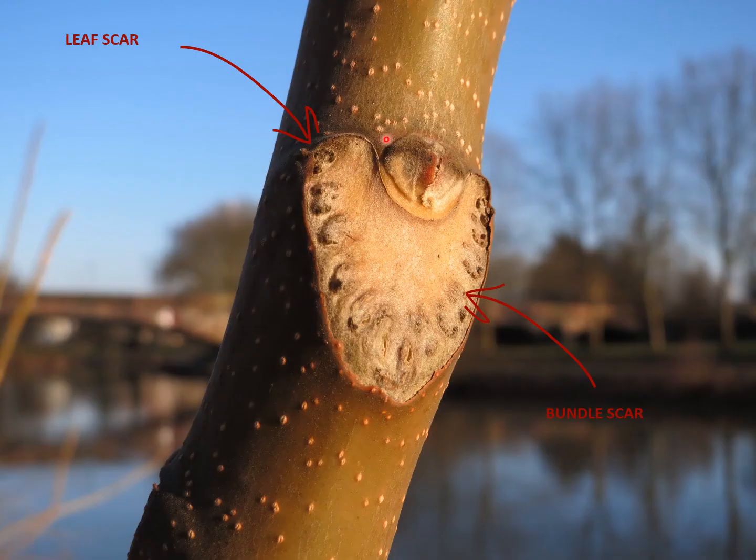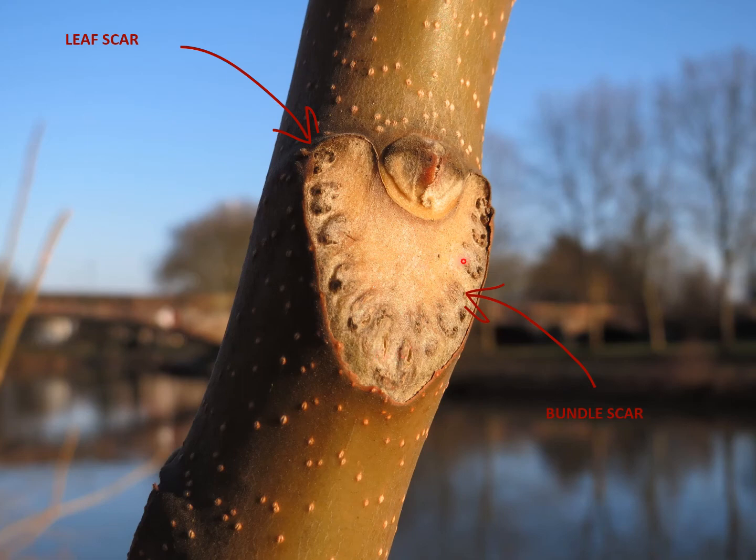So here's a good example. This might be tulip, has really distinctive, or it might be ash actually, but I'm just guessing at this point. I would need to see some more stuff, but this is a very distinctive one where you can see this entire thing is going to be the leaf scar, and then you have bundle scars in there, and these can be distinctive features.